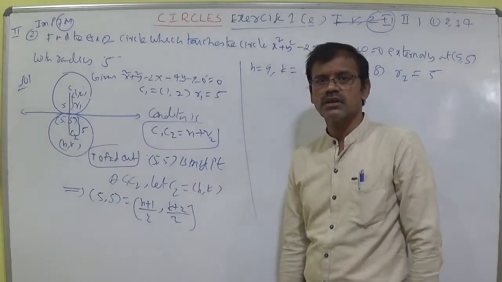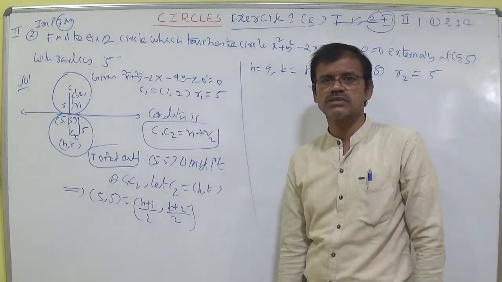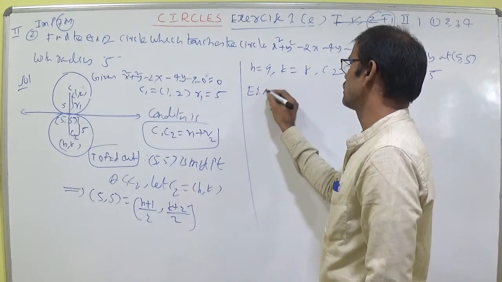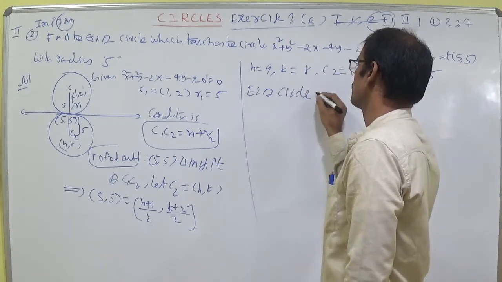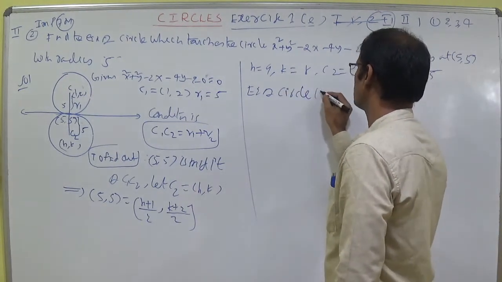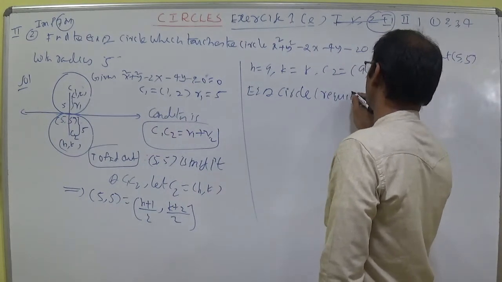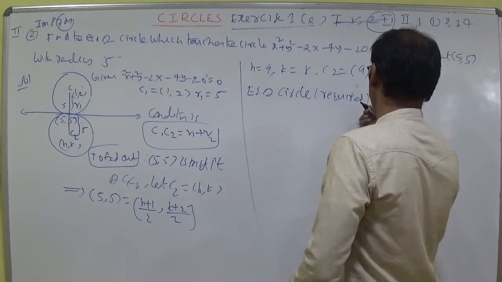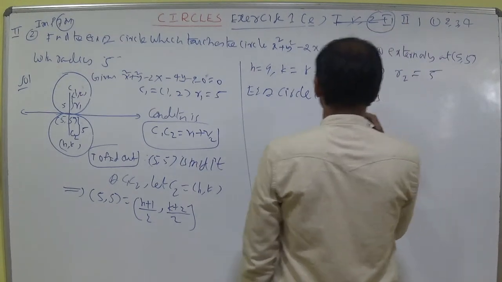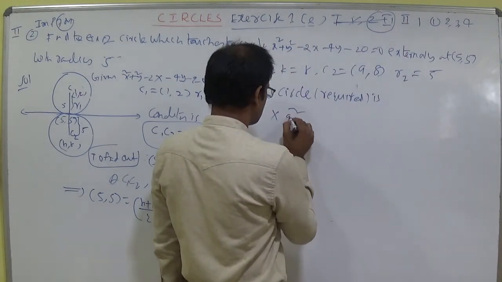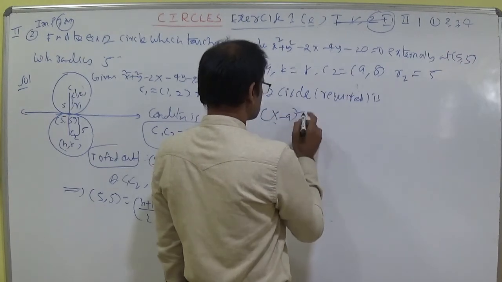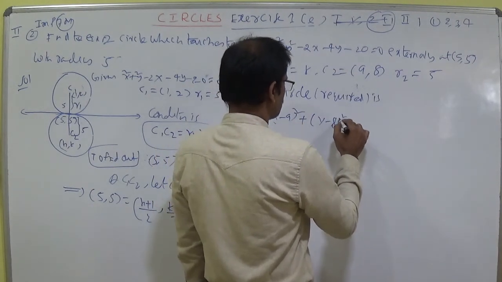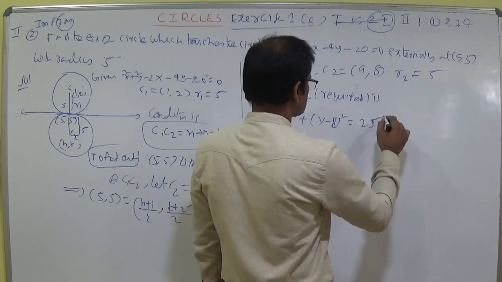First we know the equation of circle in general form: x minus h whole square plus y minus k whole square equal to R square. Now you can write the required equation of circle: x minus 9 whole square plus y minus 8 whole square equal to R square, means 25.